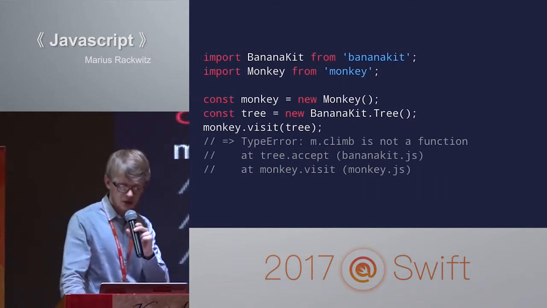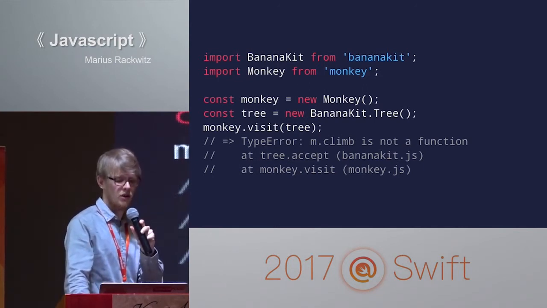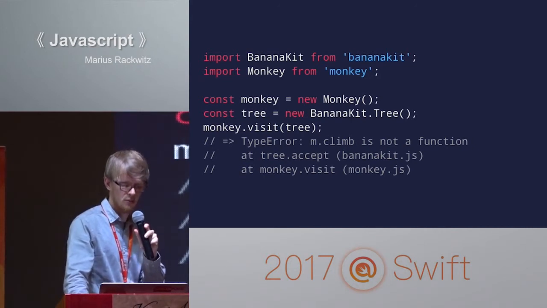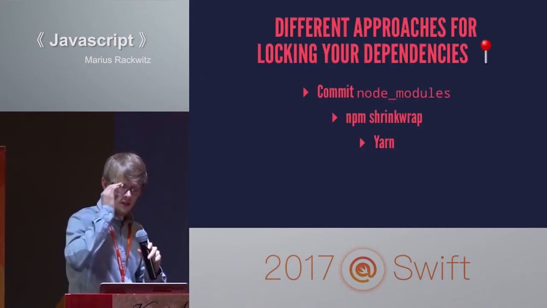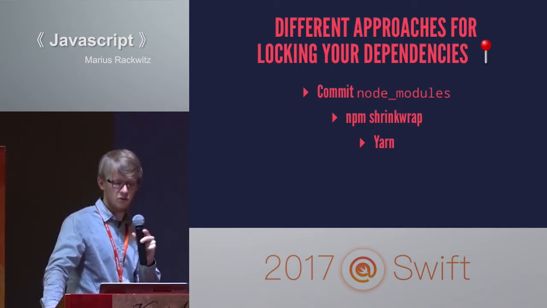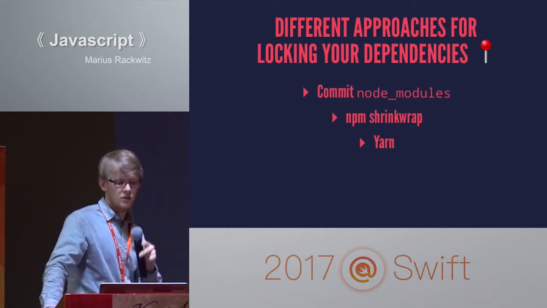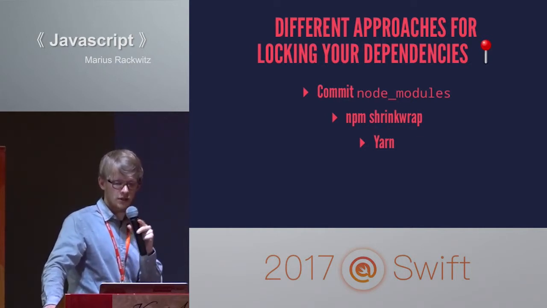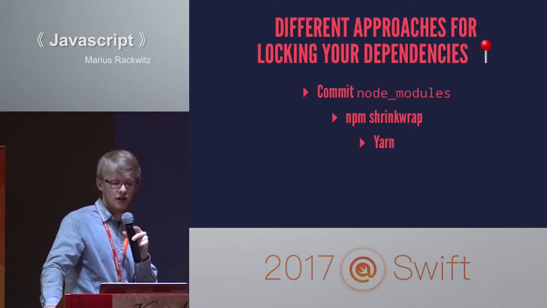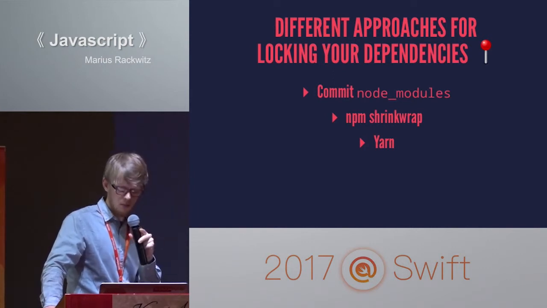So there are solutions to that, and also to the problem of locking your dependencies to different versions. One attempt is just committing your node modules, like people did with the Pods directory with CocoaPods. Just committing them makes sure everyone in the team and CI has the same version, and that's the start. But approaches like npm shrinkwrap, which is built into the package manager, write a lock file for the whole dependency tree, like the Podfile lock file.